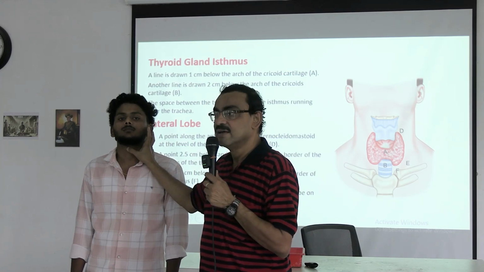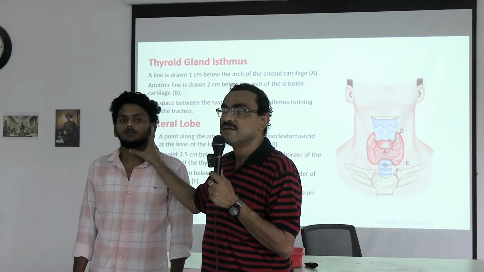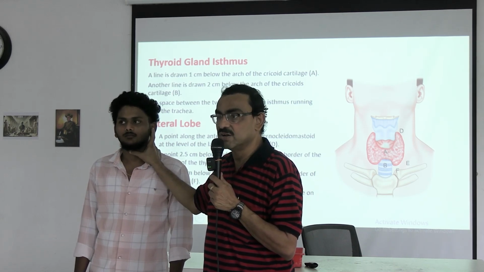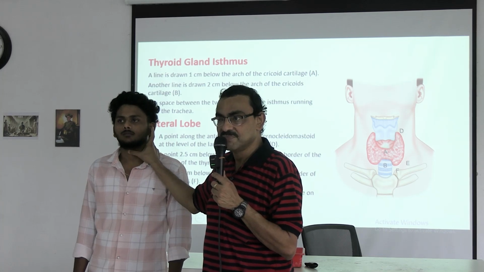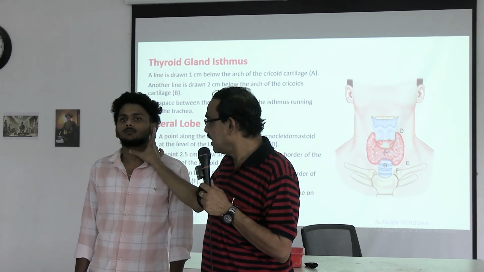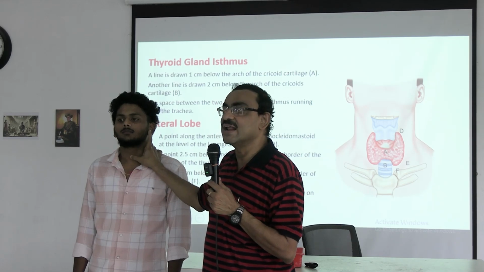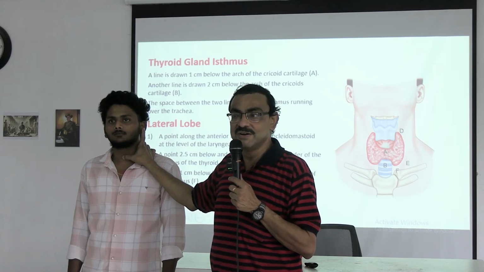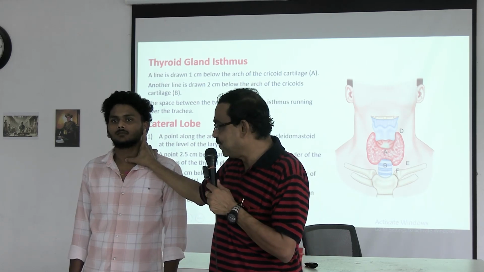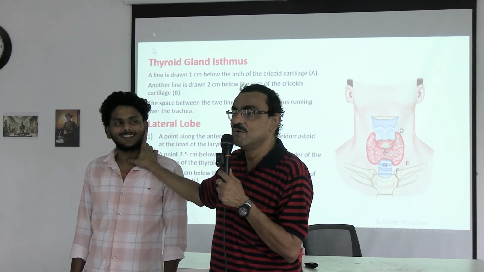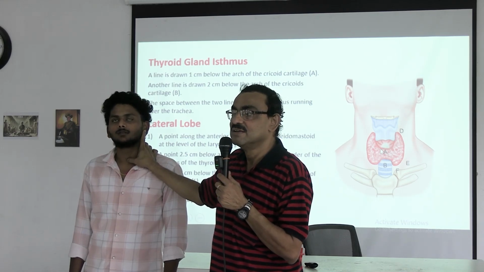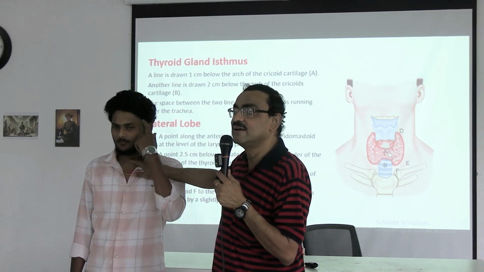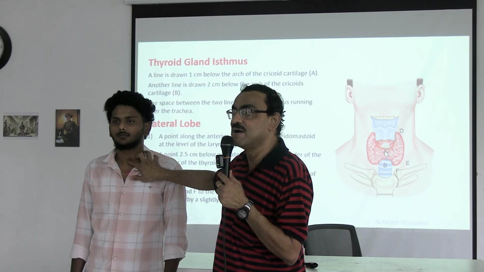Then we can get the prominence, that is the thyroid cartilage, the angle of the thyroid cartilage or the thyroid prominens. Below the thyroid, we can get another prominent cartilage, that is the cricoid. That is also a very important surface marking. And if we go half an inch below this cricoid cartilage, we can feel the isthmus of the thyroid gland.